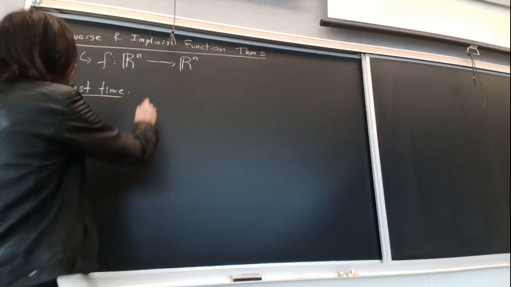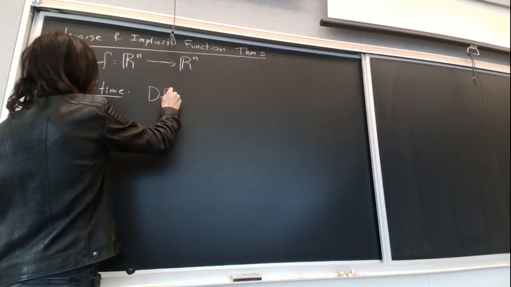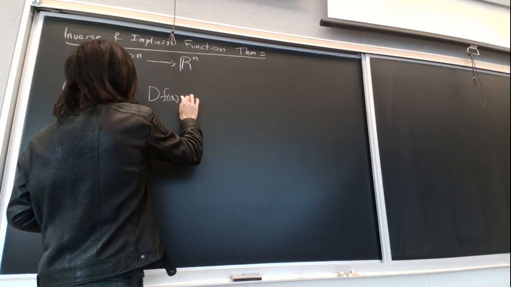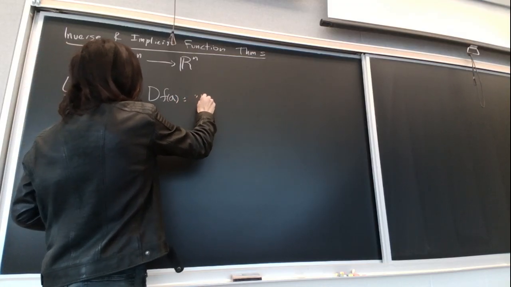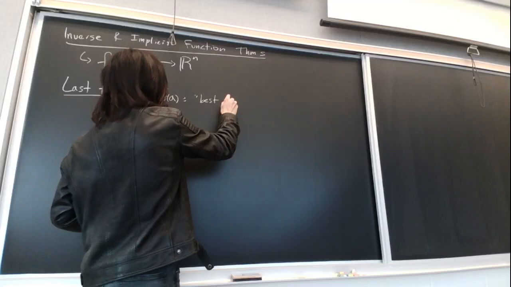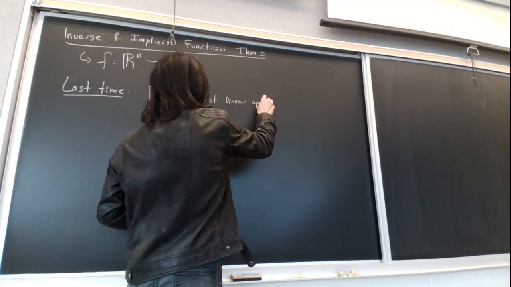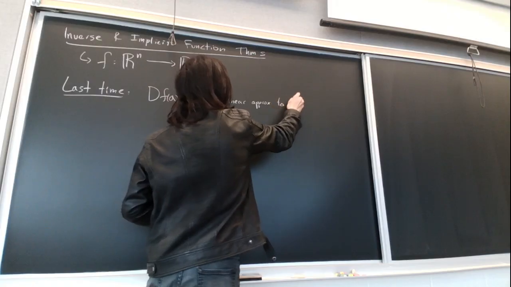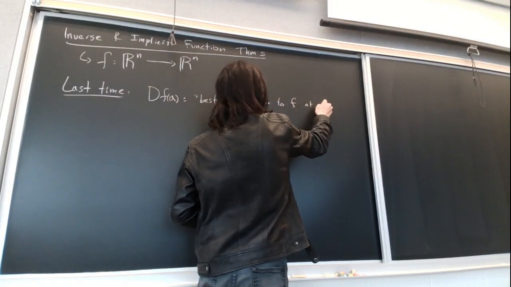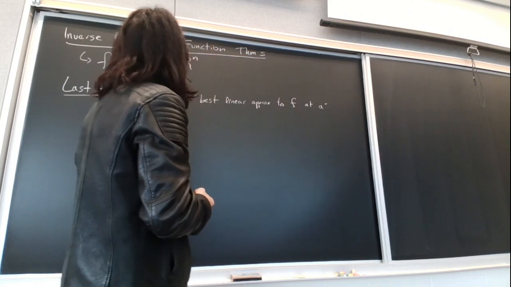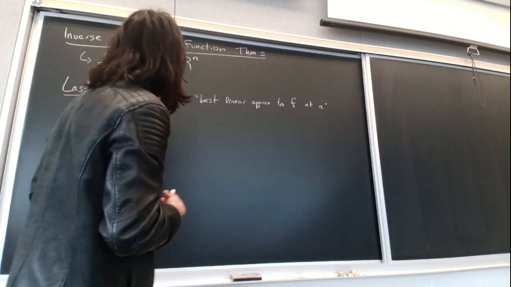So we saw that df at A is the best linear approximation to f at the point A. And so what does that mean specifically?